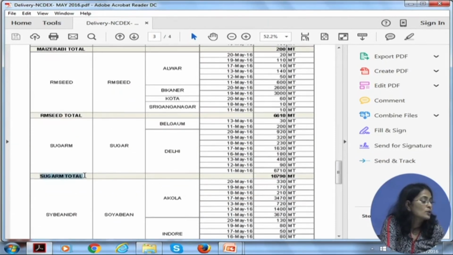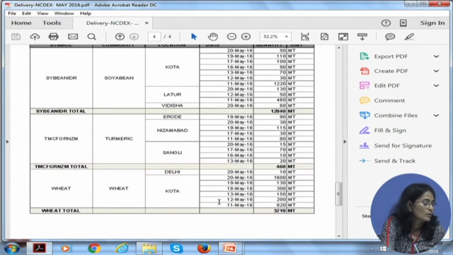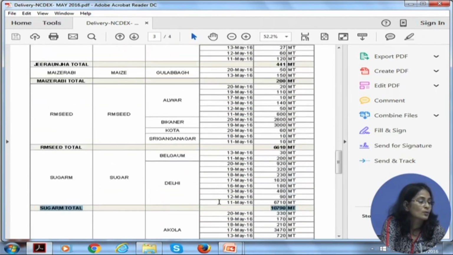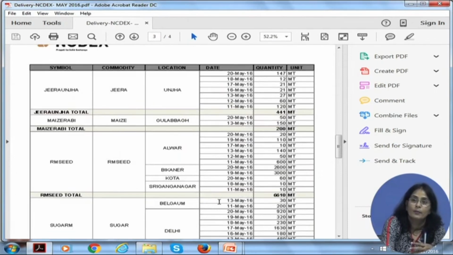So, you have sugar, medium sugar, where the total amount of delivery has been 10,790 metric tons. Different commodities have different amounts given. This indicates the amount of delivery which buyers and sellers have done in the exchange platform.